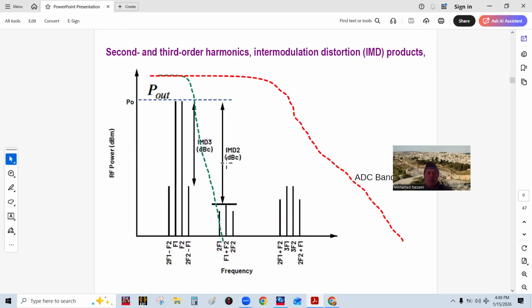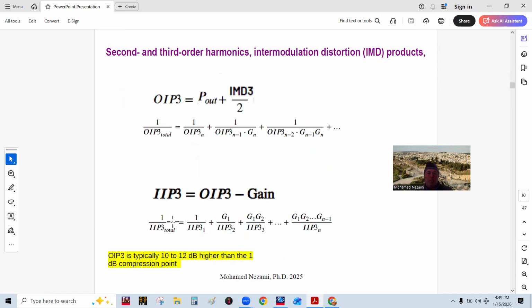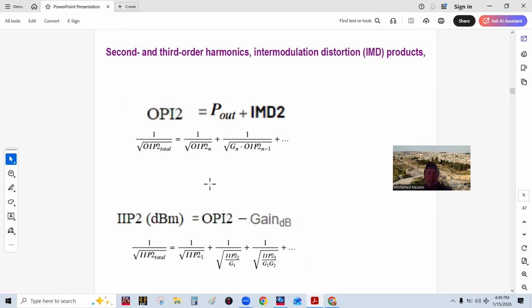So what we do from this test is look at the power of F1 plus F2, which is the second order mod, and the output intercept point will be just the output power of this plus this magnitude in here. So that's pretty simple, as you can see.